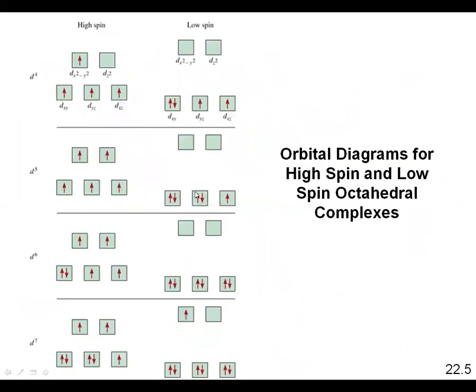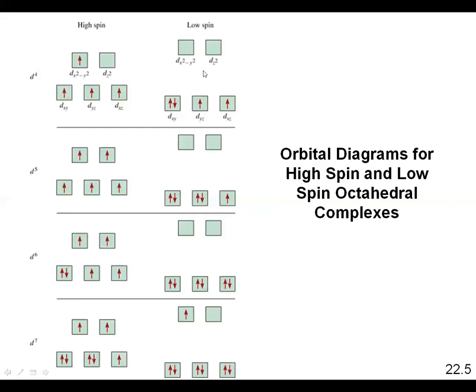So on the left-hand side, we have high spin. So these would all be a result of a weak field ligand, again, going to allow us to distribute those electrons like normal, one at a time. While on the right-hand side, we have a lot more low spin for different numbers of d electrons. And again, this would be a result of a strong field ligand.